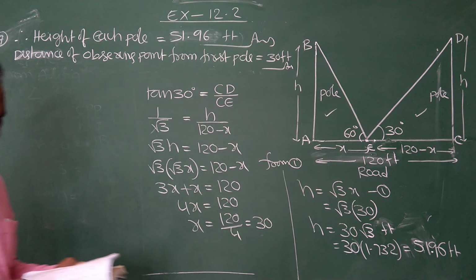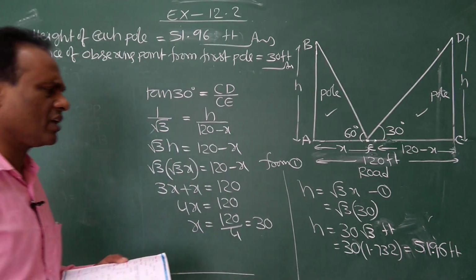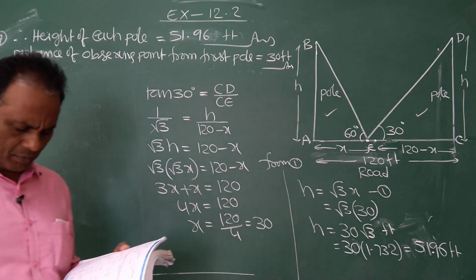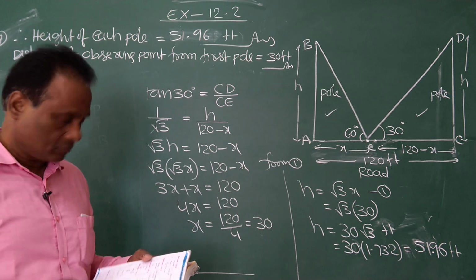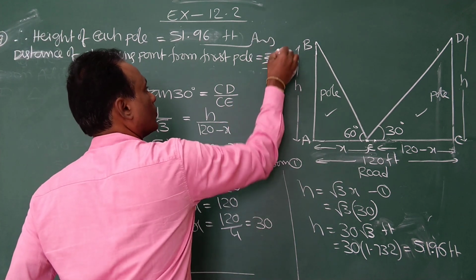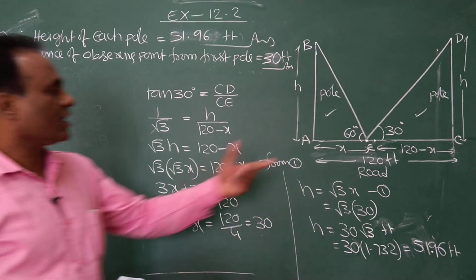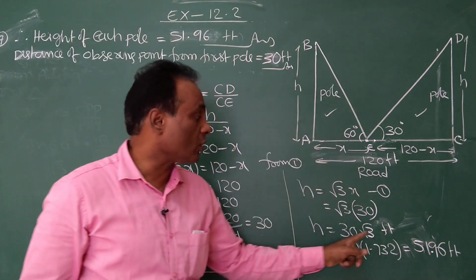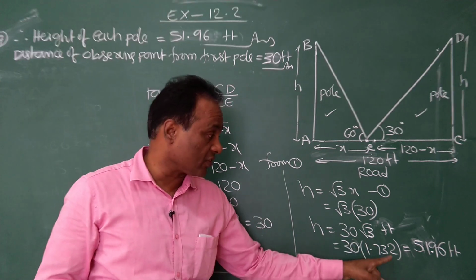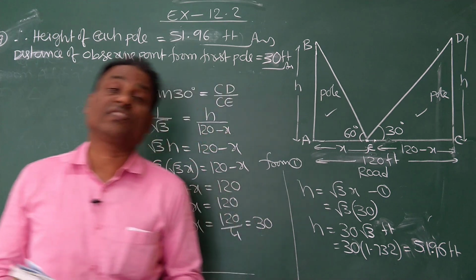Like that also you can simplify or you can leave it. If you don't remember this √3 value, you can leave it. That is also correct, no problem. Right. This is 30 feet. This is 30√3 feet. √3 is 1.732. 1.732 into 30 is 51.96.